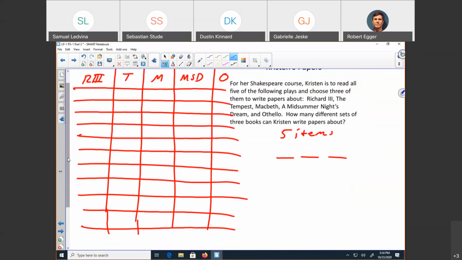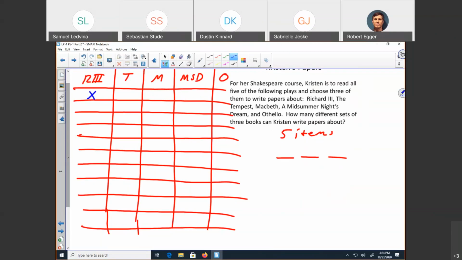However, we can do a table, again, by freezing. Because if I choose Richard III, basically for my second book to read, I can do either Tempest, Macbeth, Midsummer Night's Dream, or Othello.